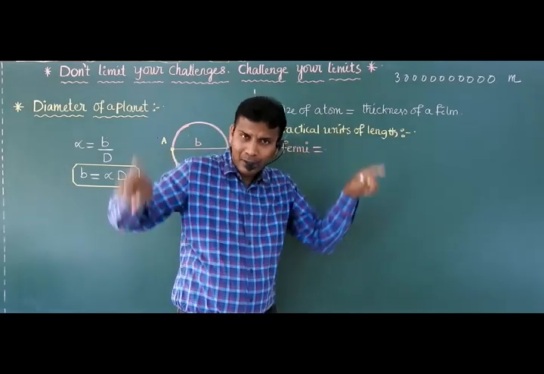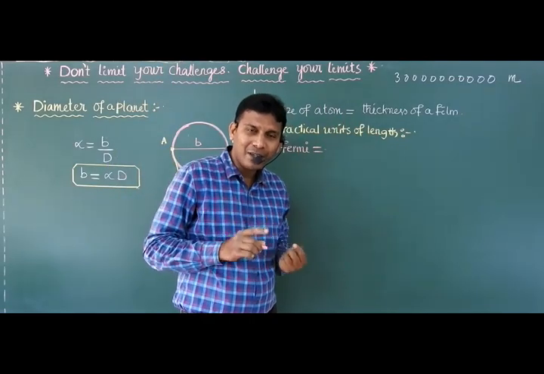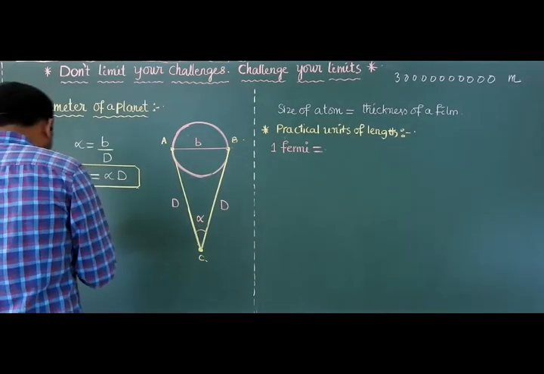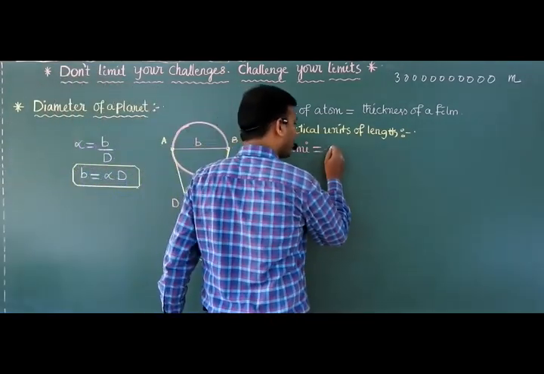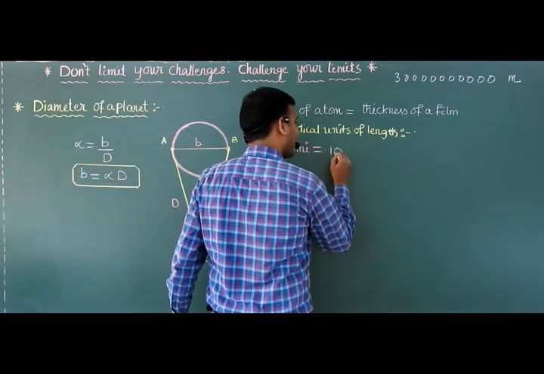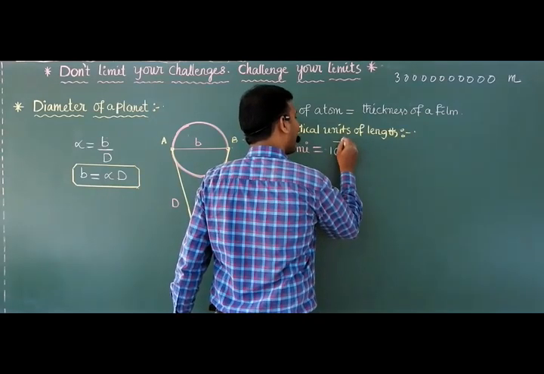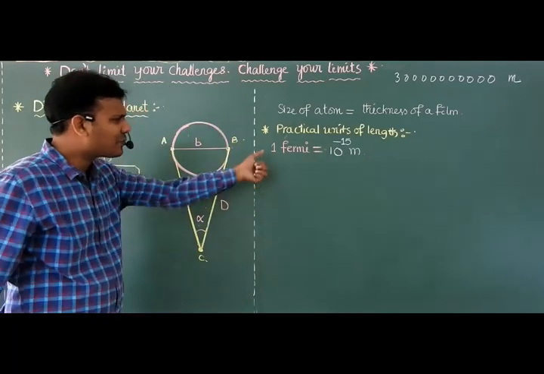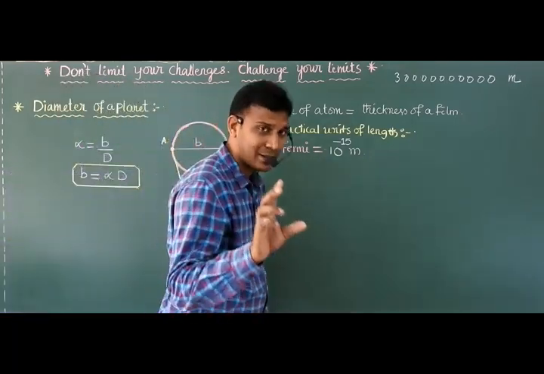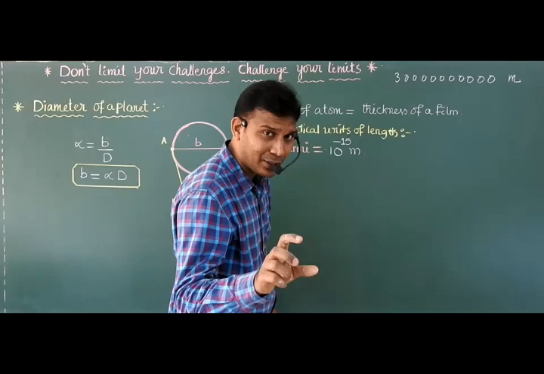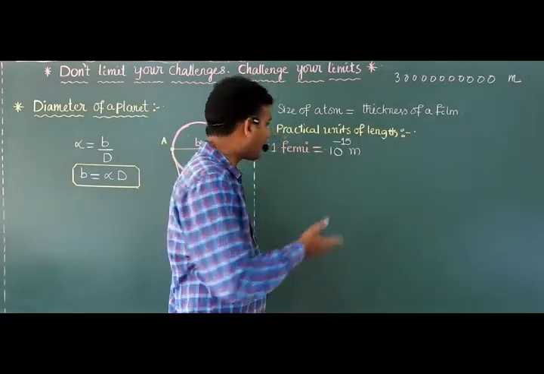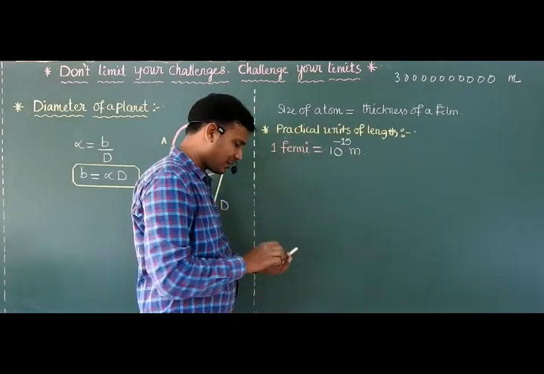Do you remember the table? 1 Fermi is equal to how much? 1 Fermi is equal to 10 raised to minus 15 meter. We use this practical unit to measure the size of a nucleus; the size of an atom is always in the order of 1 Fermi.